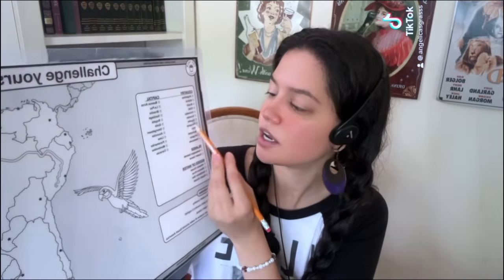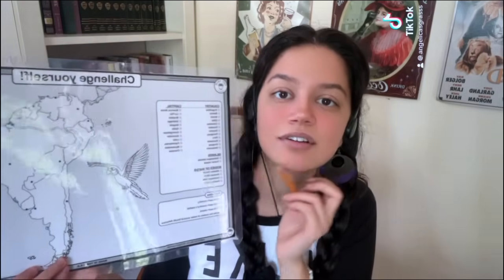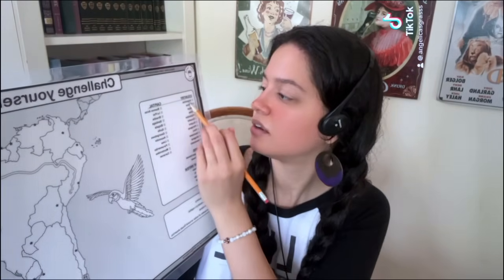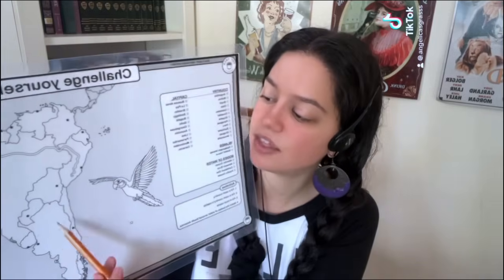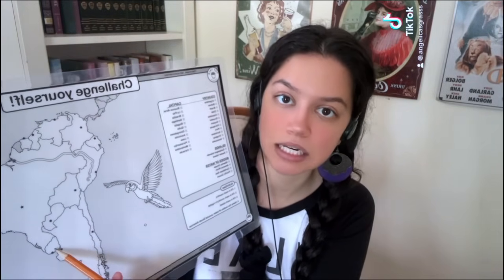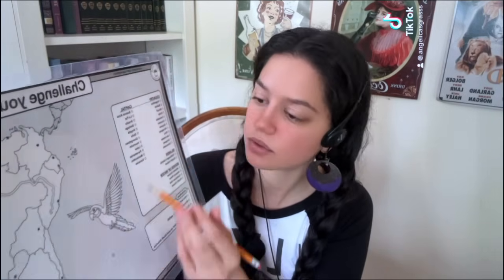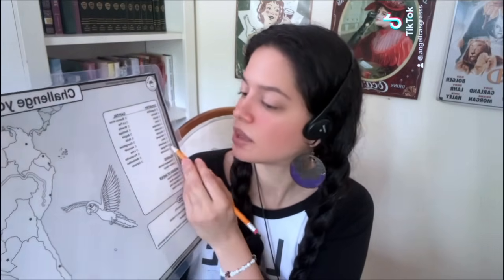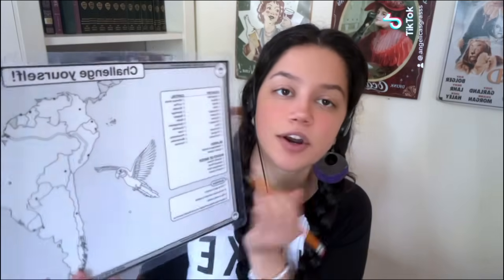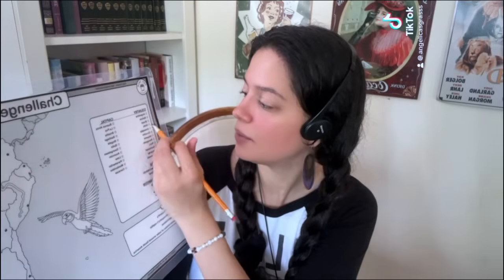Very good. And then underneath Paraguay, we have Argentina. Very good. And then to the left of Argentina, below Brazil, we have Uruguay. And then next to Argentina, the coastal country. Chile. Very good. Okay. Well, you did excellent on your recap.